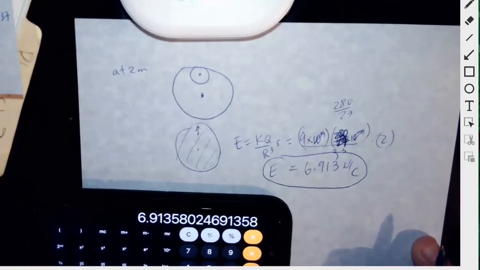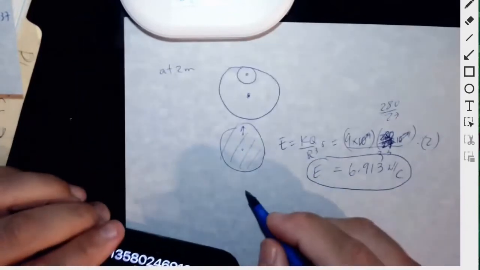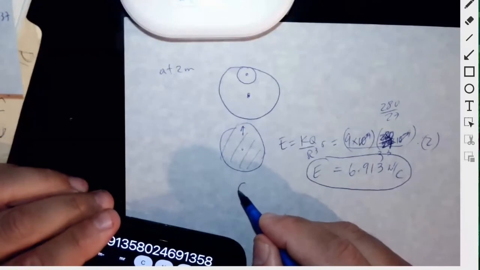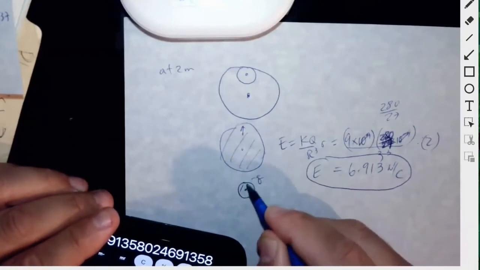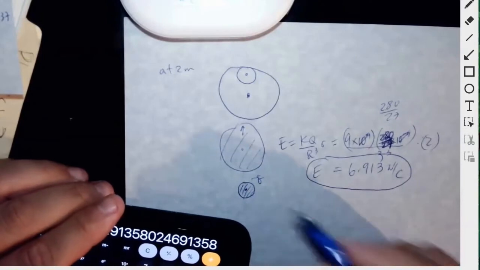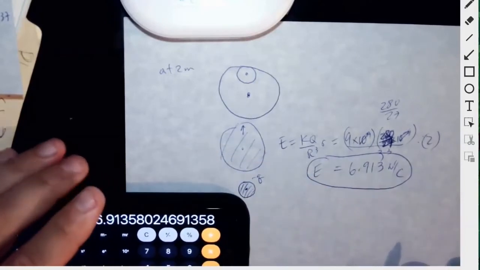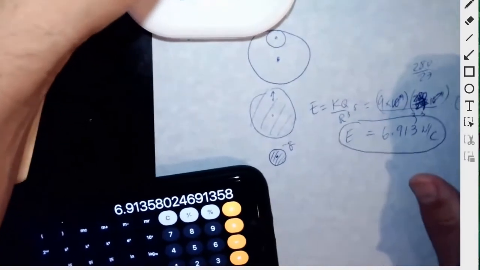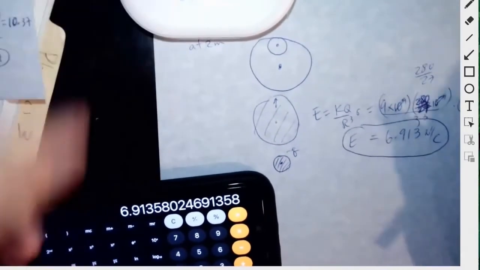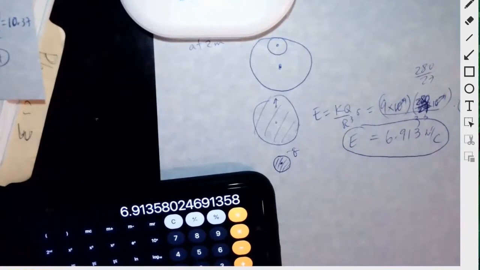Then we're going to subtract from there the electrical field created by the negative Q at its center. You see? What is that? What is the electrical field created at the center of an insulating sphere?